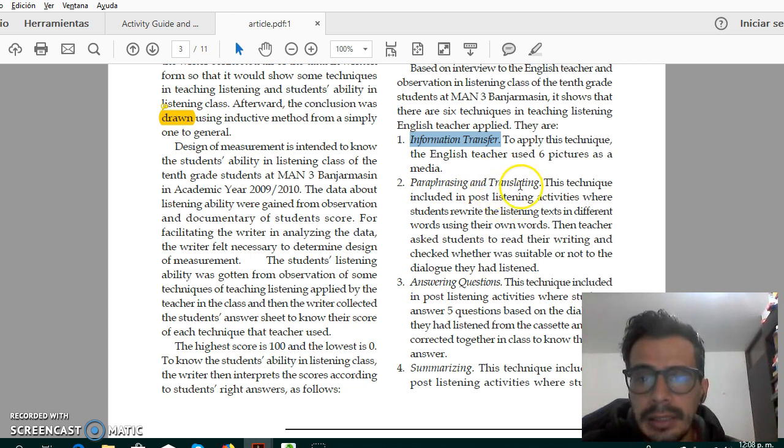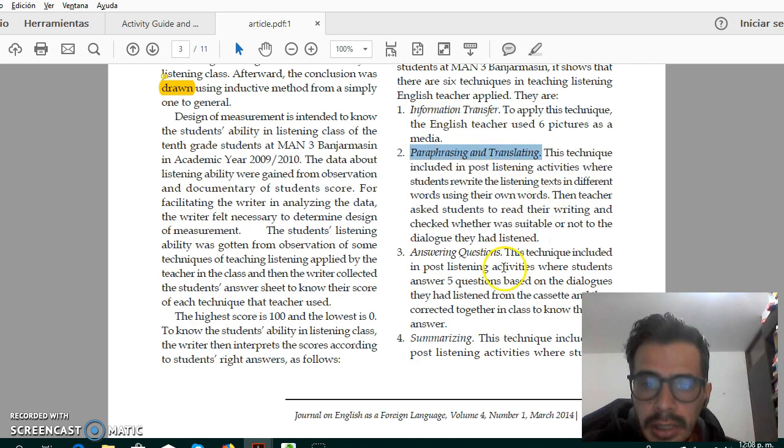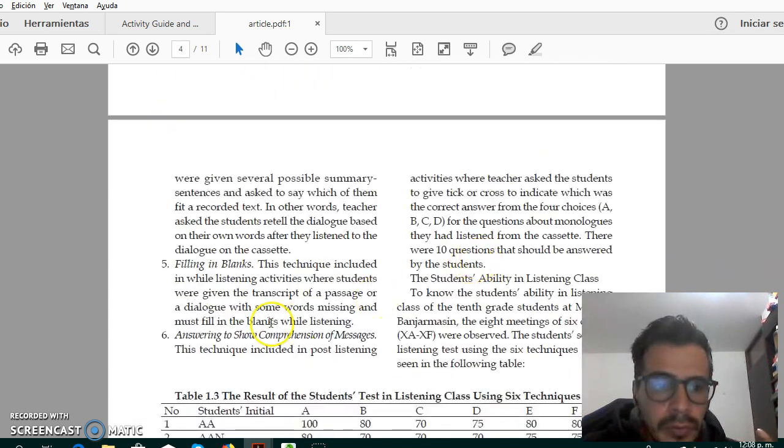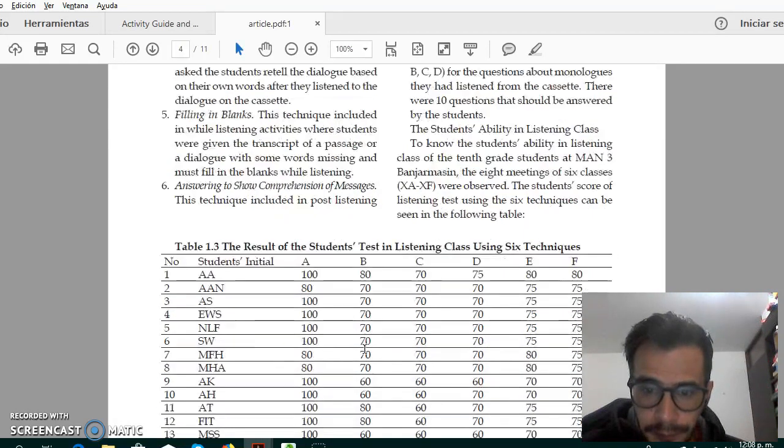The first technique is information transfer. The next is paraphrasing and translating. The next is answering questions. Number 4, summarizing. Number 5, filling in blanks. And number 6, answering to show comprehension of message.